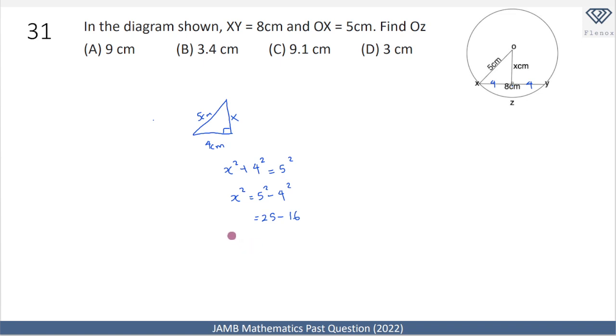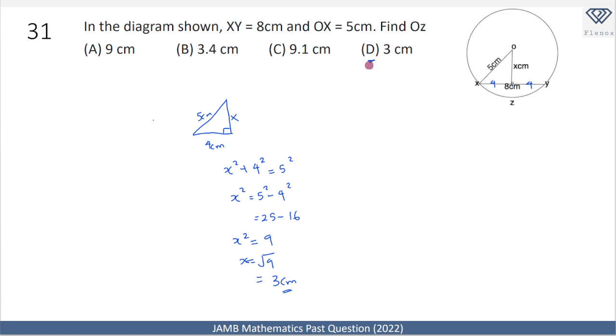So x squared is equal to 25 minus 16, which is 9, and x will just be the square root of 9, which is 3 centimeters. So the value of oz, which is x, will be 3 centimeters, and the correct option here is option D.